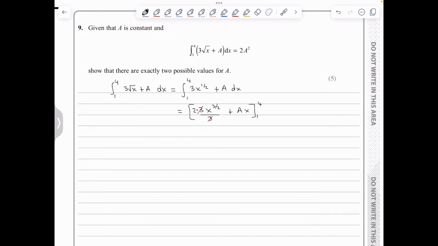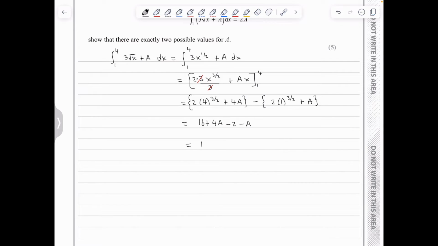So we have 2 times 4 to the 3/2 plus 4a. That's the substitution of the upper limit, minus 2 times 1 to the 3/2 plus a, that's the lower limit substituted, leading to 16 plus 4a minus 2 minus a, which is 14 plus 3a, and this is equal to 2a squared.